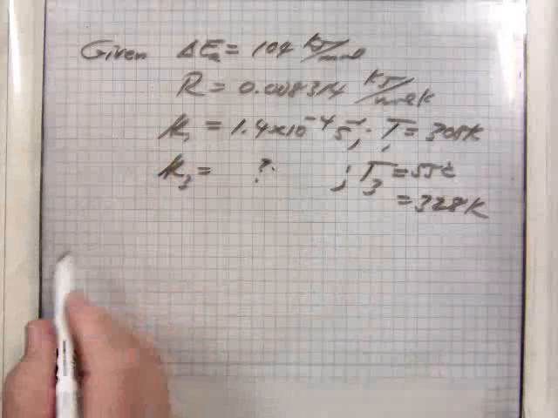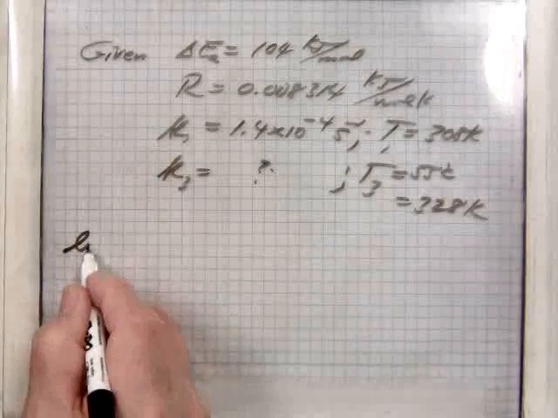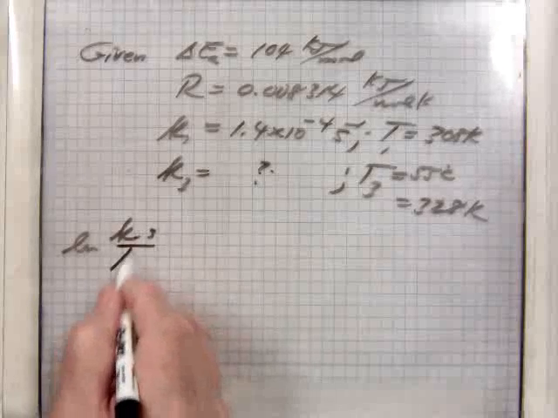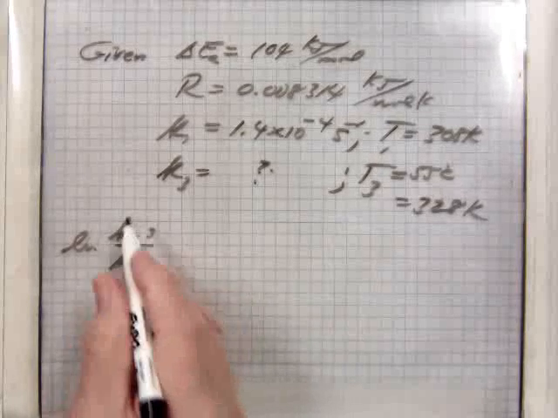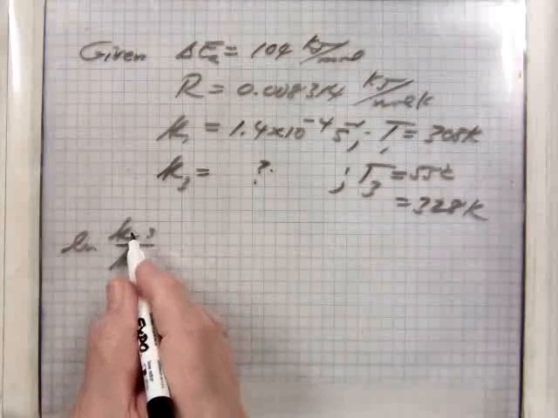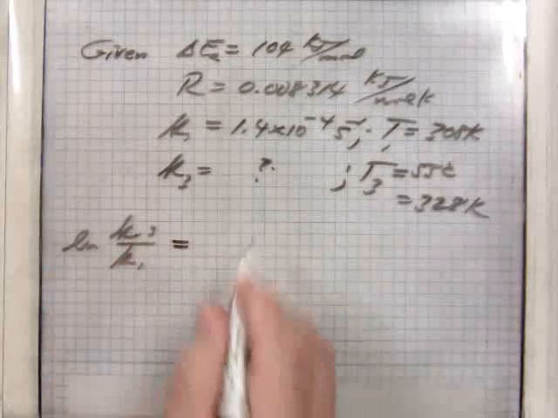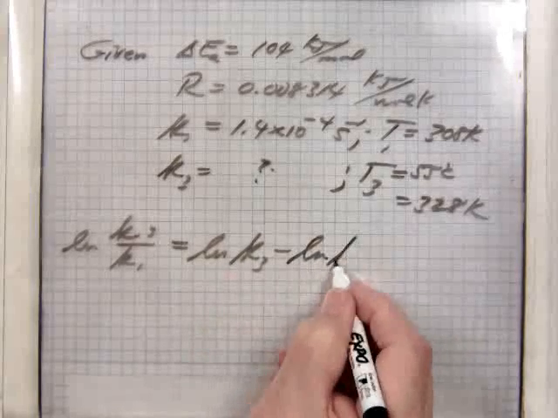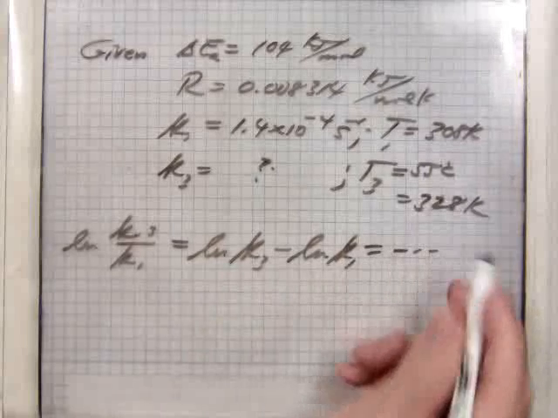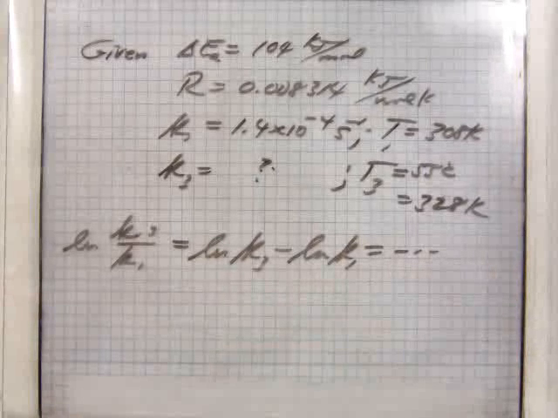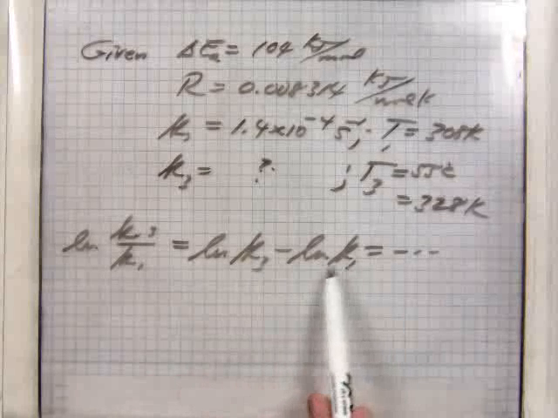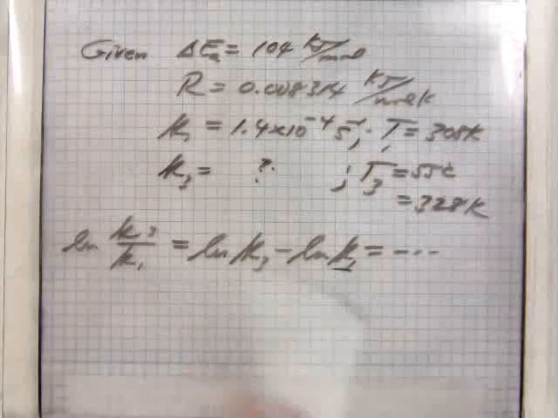But in the substitutions, you're looking at working for K3 over K1. So you've got to solve for this term right here. Well, the ratio of a logarithm is ln K3 minus ln K1, and then all the rest of the formula from there. And so what I would do is add ln of K1 to both sides, if you remember this from your algebra.